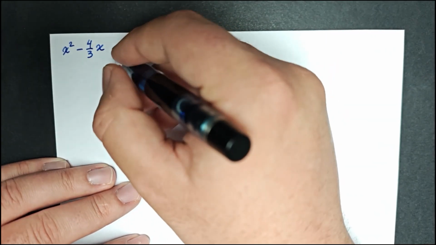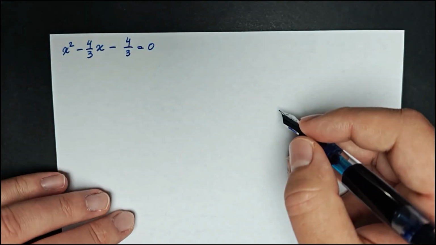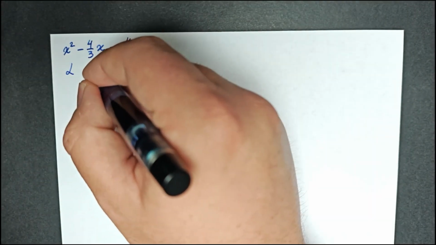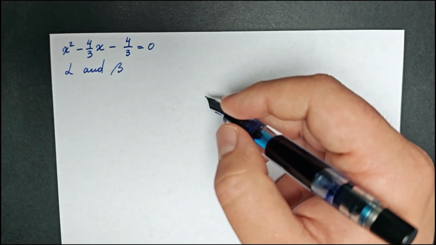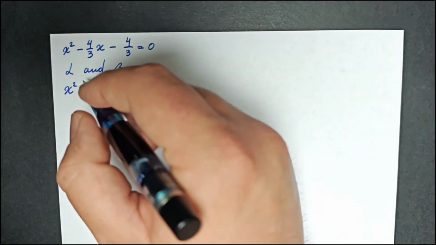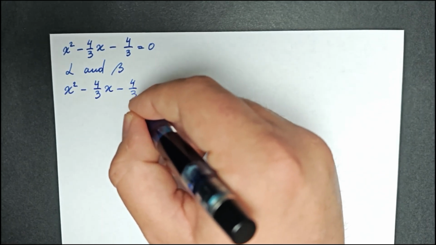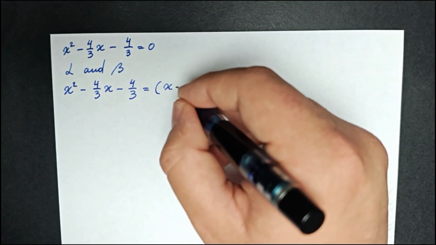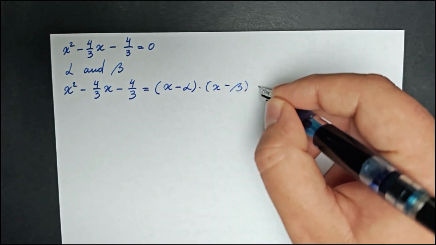x squared minus 4 over 3x minus 4 over 3 is equal to 0. Again, I will make the proposition that numbers alpha and beta are the solutions of this equation. That means that alpha and beta are the roots of a polynomial of the second degree, x squared minus 4 over 3x minus 4 over 3, and then this polynomial can be written as x minus alpha multiplied by x minus beta.